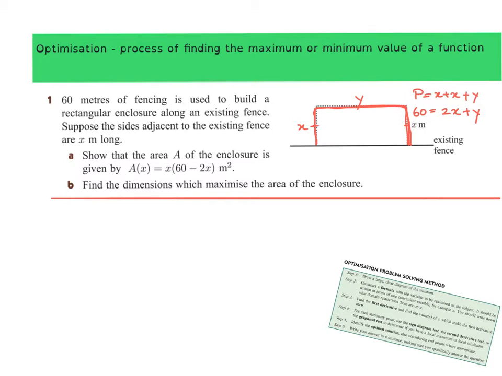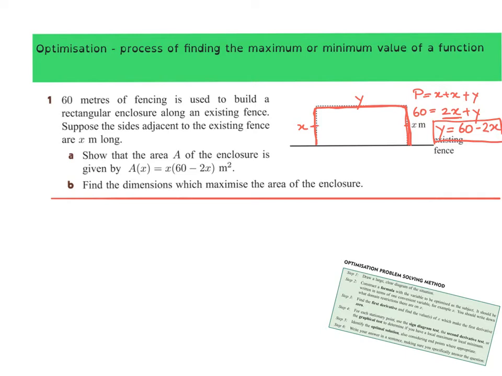They're asking us for the area, and we can see we don't have any y's in this equation, so it would be wise to write y in terms of x. So y is 60 take away 2x. The 2x has been moved to the other side, so y is equal to that.